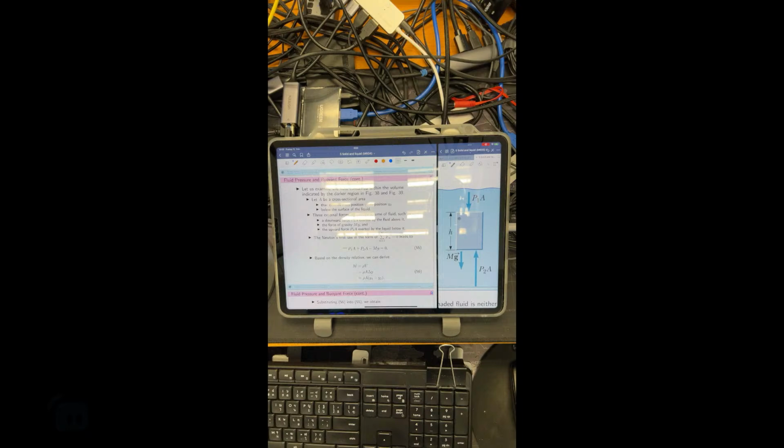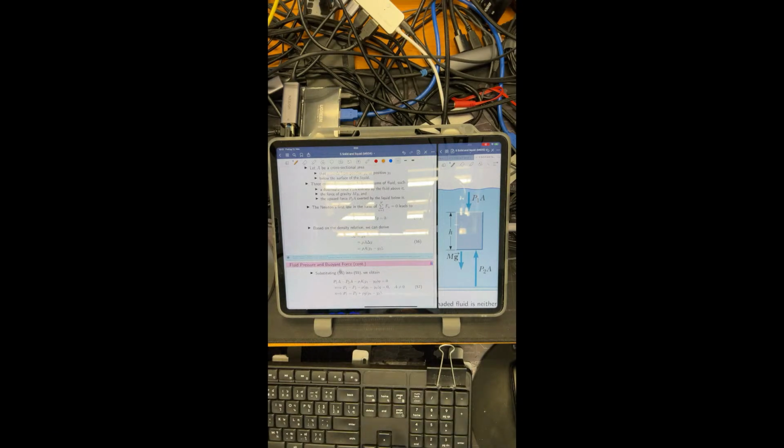Delta V is A times y1 minus y2. You substitute it into this expression, and you have m equals rho A (y1 minus y2), and you have minus P2.